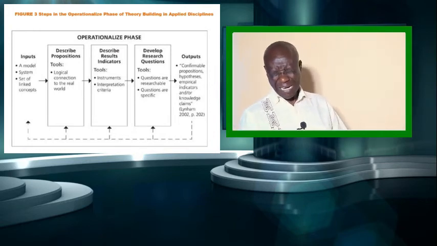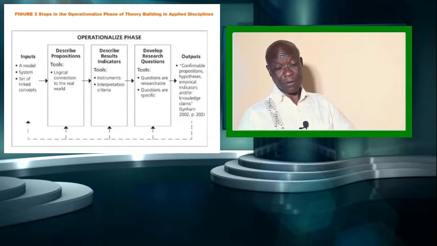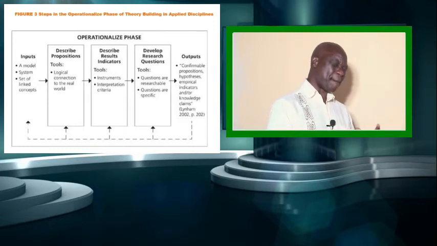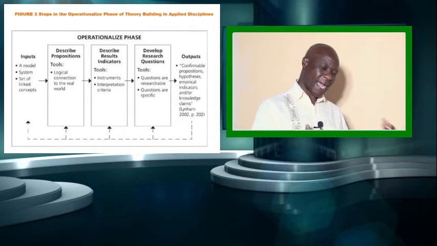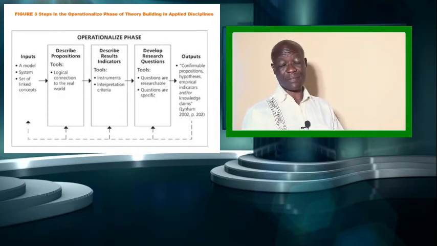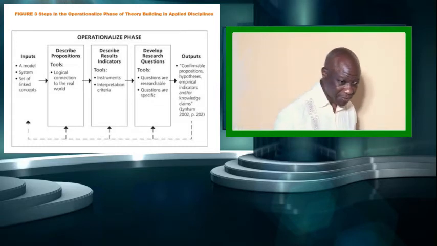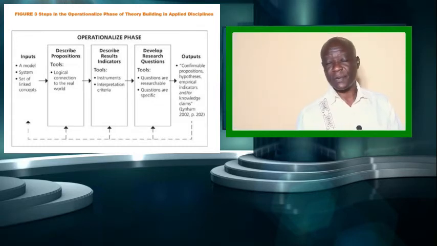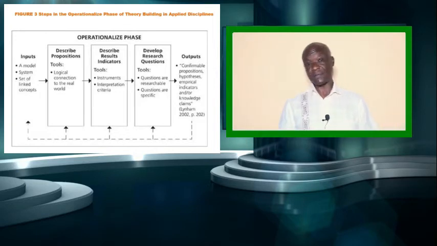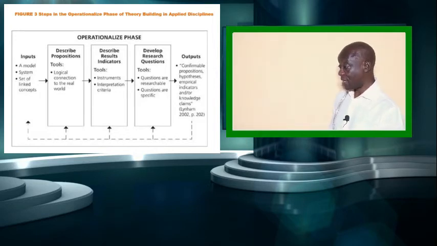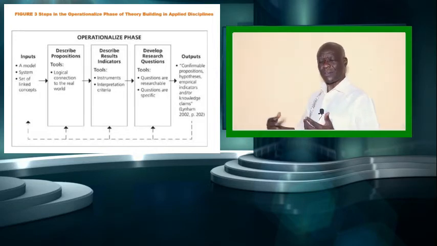But once in a while, ladies and gentlemen, as I said earlier on, there could be a mix-up of the two, where a hypothesis becomes a proposition and vice versa, especially if you look at concepts at the level of a variable, ladies and gentlemen. So in this case, propositions identify the expected outcomes given the construction of the set of concepts.